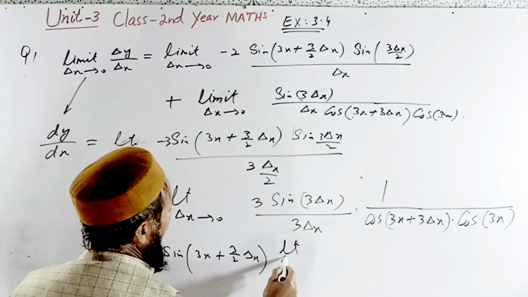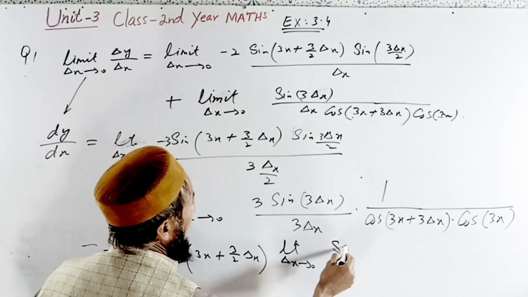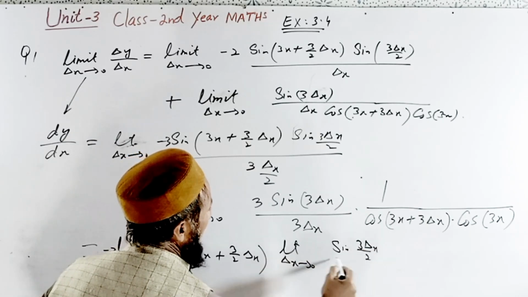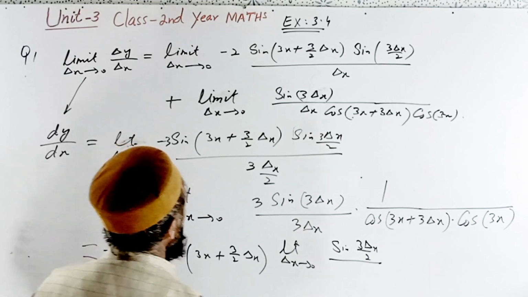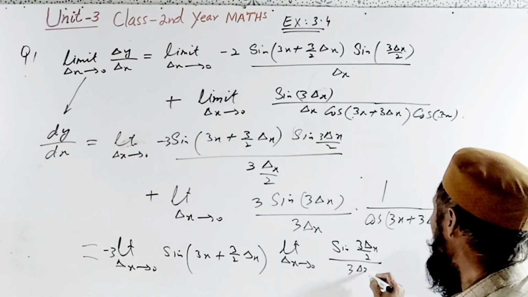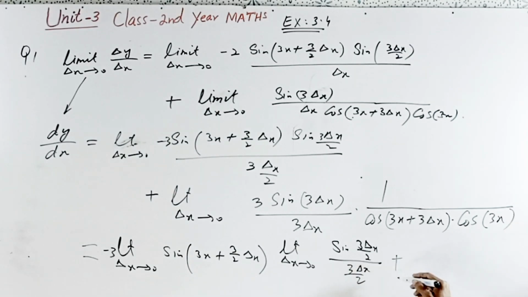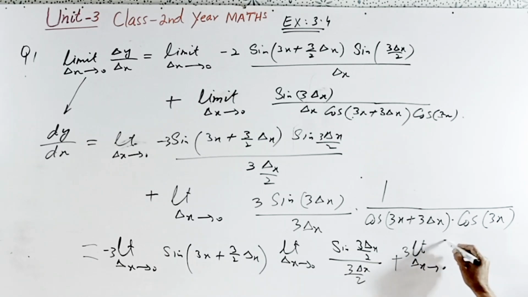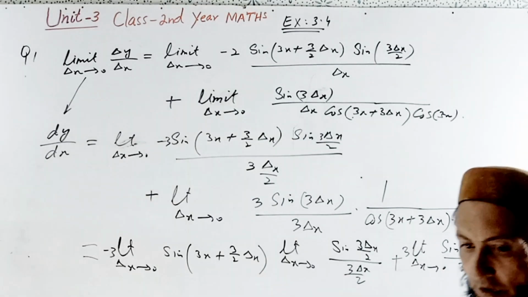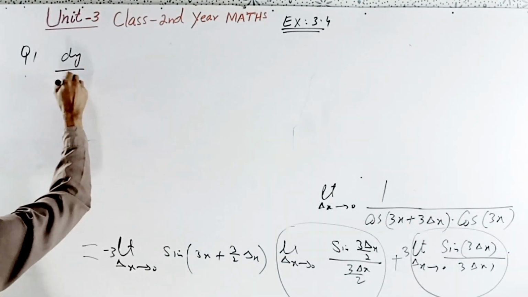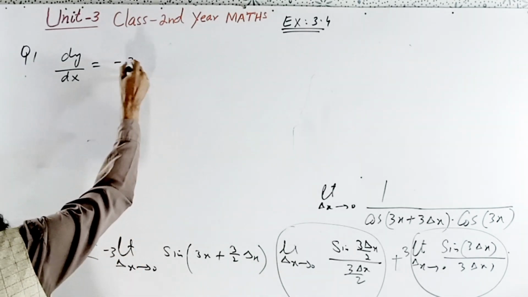Similarly apply on this limit, delta x tends to 0, sine 3 delta x divided by 2 and divided by 3 delta x by 2, plus limit of this term, limit delta x tends to 0, and 3 we take from outside here also, sine 3 delta x divided by 3 delta x, and limit of dy by dx is equal to minus 3 limit.